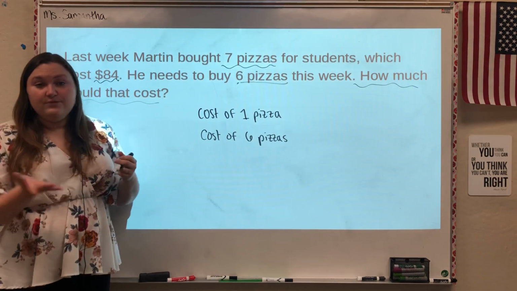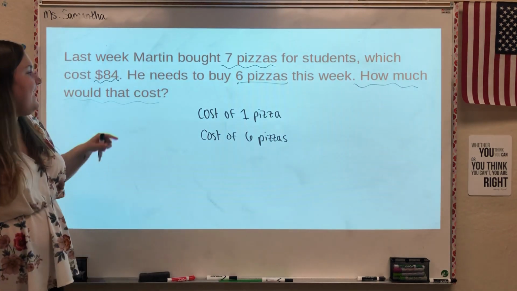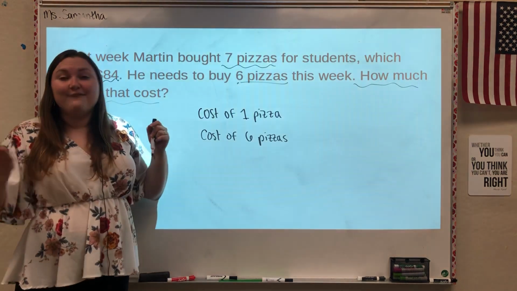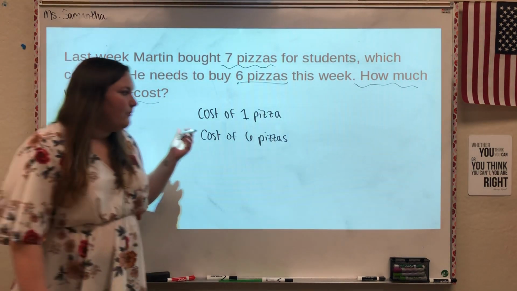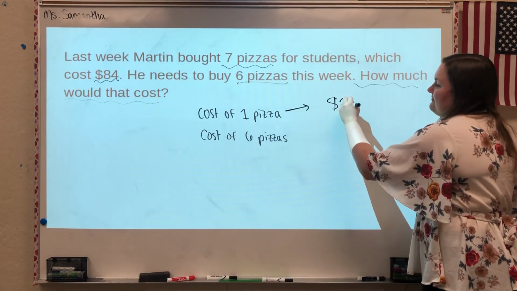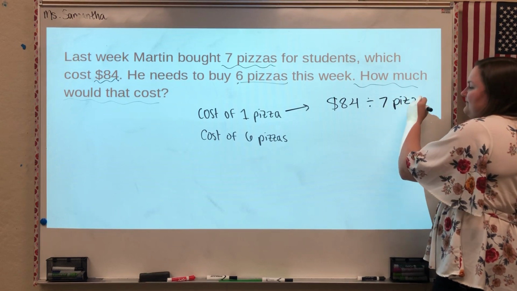There is a way to use that information to find this first part, the cost of 1 pizza. If I know 7 pizzas cost $84, I could divide to figure out the cost of 1 pizza. We want to start off by doing $84 divided by our 7 pizzas.